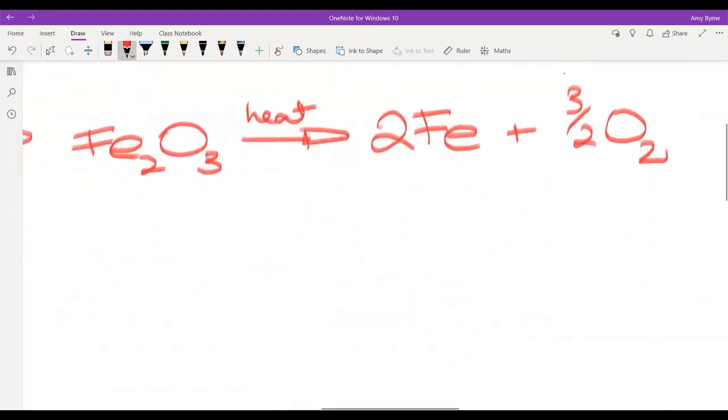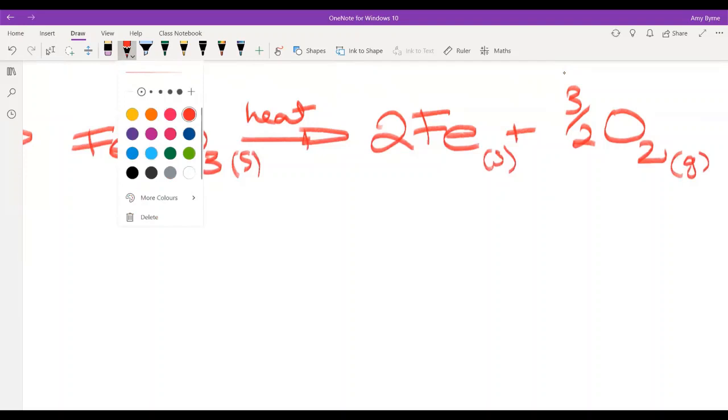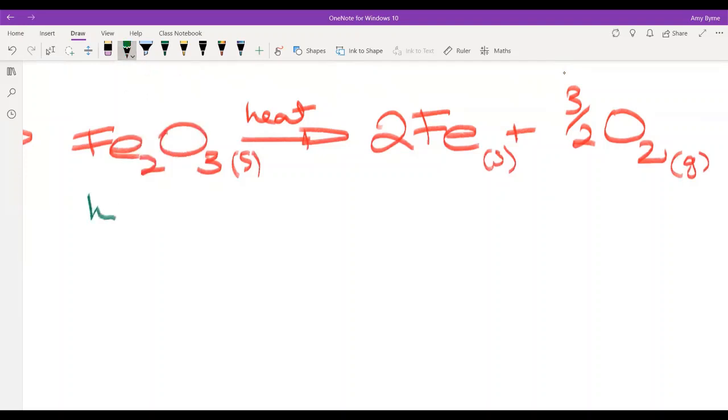When we think about this reaction, we have solid iron oxide, solid iron, and gaseous oxygen. What this means over the course of this reaction is that this is heavier and this is lighter.